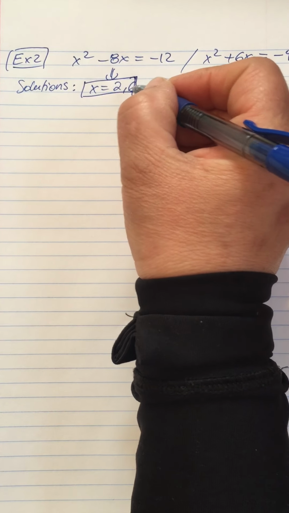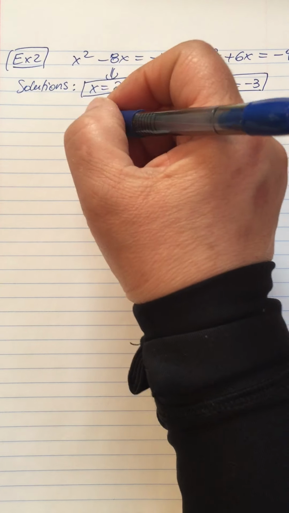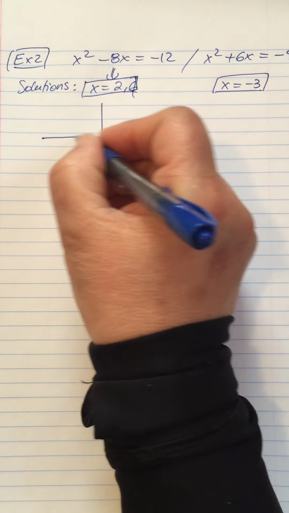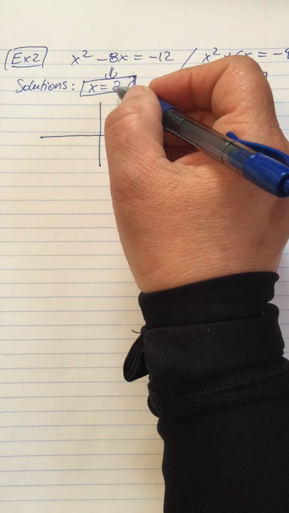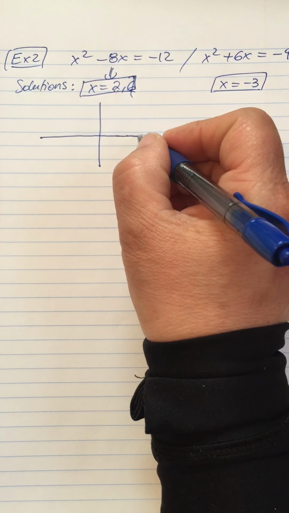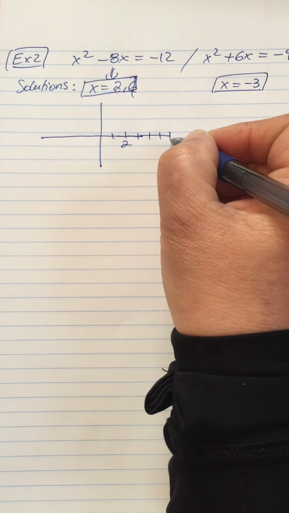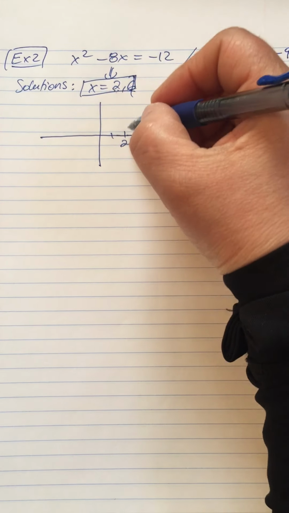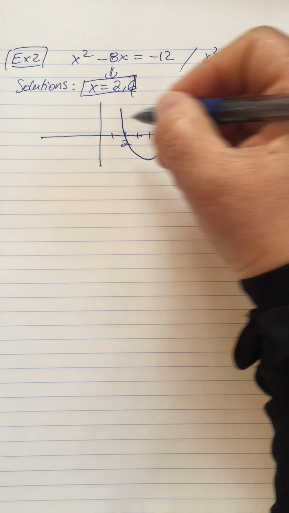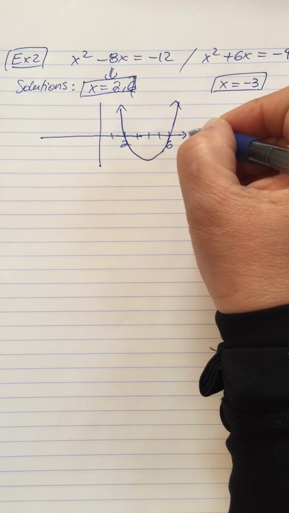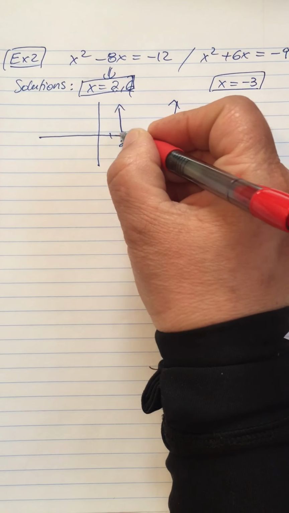Now, what is the graph of the solutions? The graph of the solutions is a curve that will cut the x-axis exactly when the value of x is 2 and 6. And the curve is a parabola, like this. So this is the x-axis, and these are the solutions.